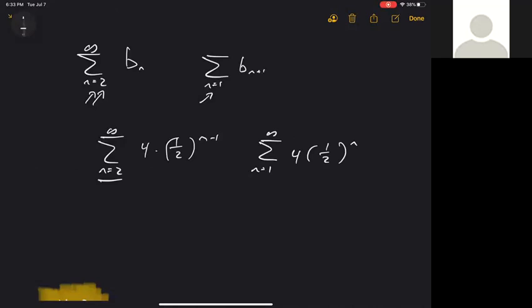And you might be saying, okay, but I still can't use the geometric formula on that. Well, now once we have this part at 1, then I can just do my other trick of saying, okay, 1/2 to the power n, that's the same as 4 times 1/2 times 1/2 to the n minus 1. So you could do that sort of thing.